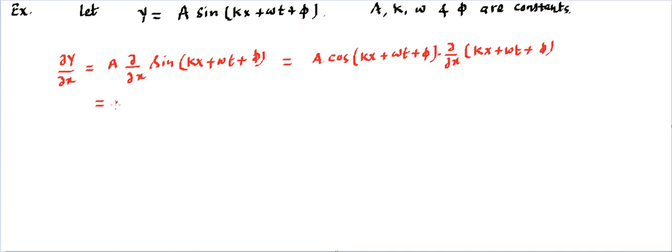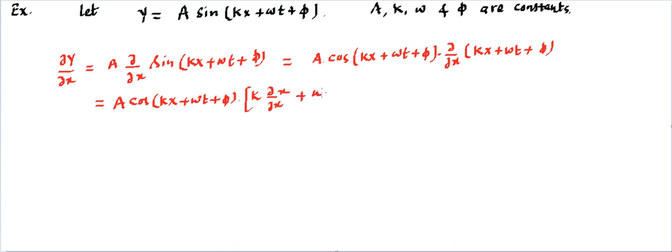So it becomes a cos (kx plus omega t plus phi), whatever it is, that remains there. Now when this partial differentiation goes inside, it has to differentiate the first term, then the second term, then the third term. So let me write the detail points. In the first term, this k will come outside, and we are going to differentiate x partially.